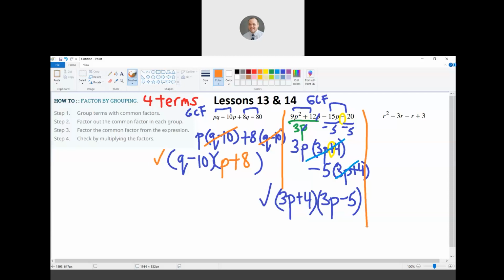The next question, and by the way, I'm going over factoring by grouping because it will help us factor trinomials. The last example to the right, again, we got 4 terms, so let's factor by grouping.